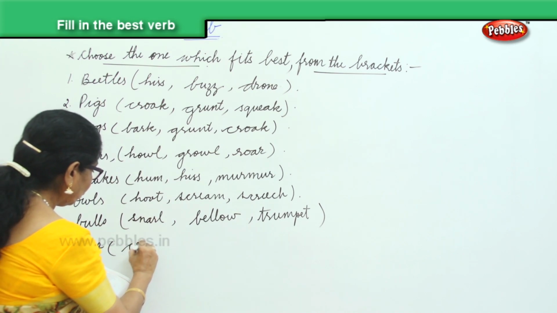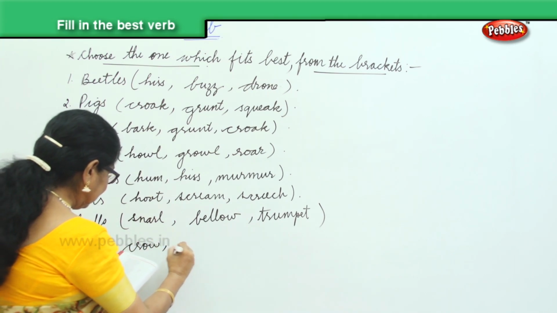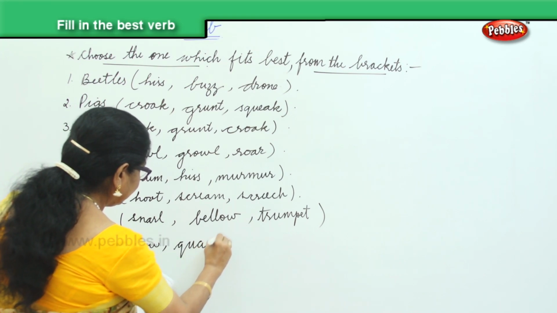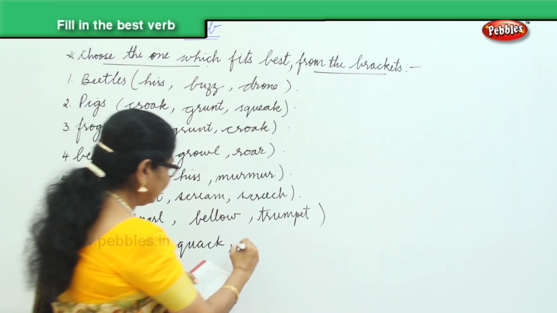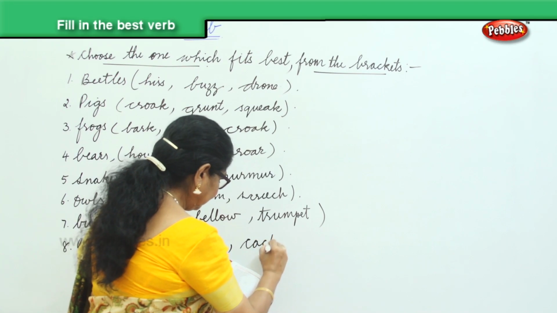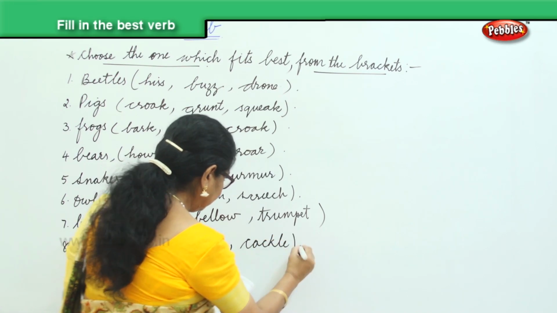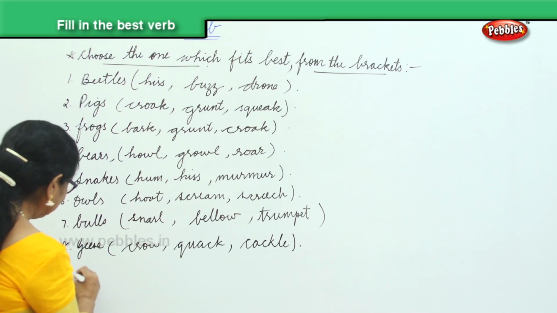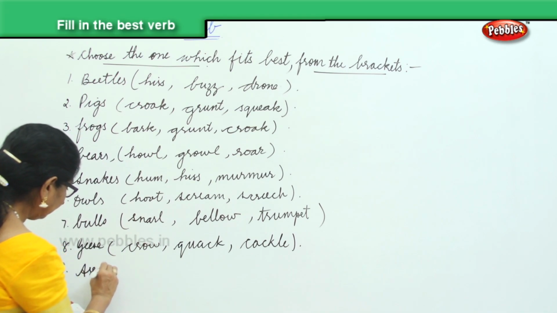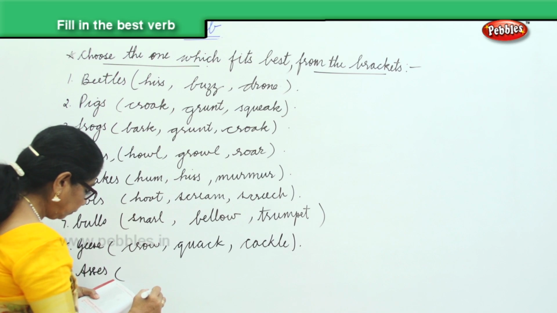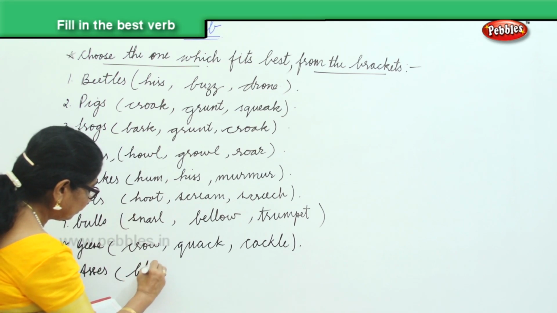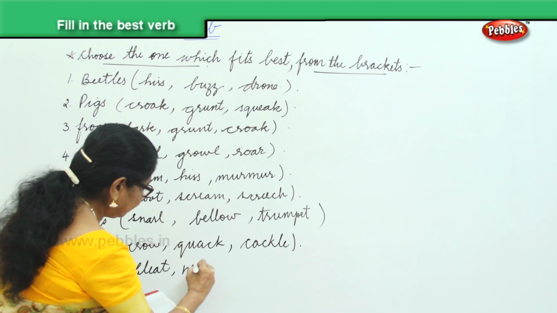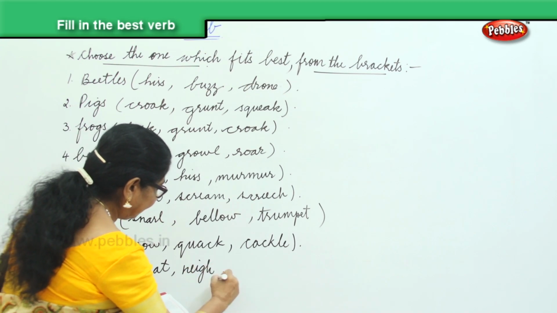Geese crow. Geese quack. And geese cackle. Then we have asses. Asses bleat, neigh, and bray.